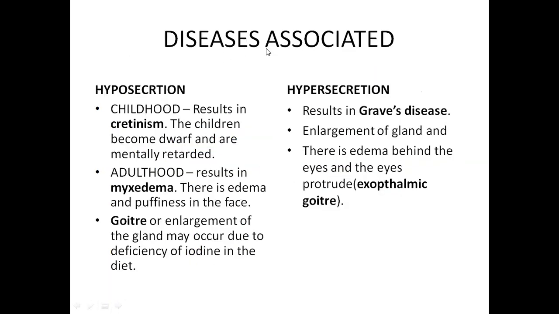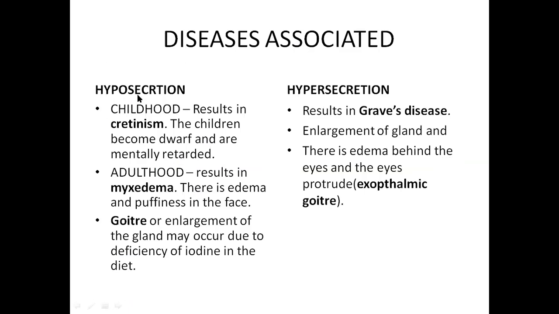Now, hypersecretion and hyposecretion of the thyroid hormone also result in some diseases. We shall see them now. So, hyposecretion in childhood, as I have told you, it plays a very, very important role during fetal growth and development, during the fetal stage and early childhood stage.